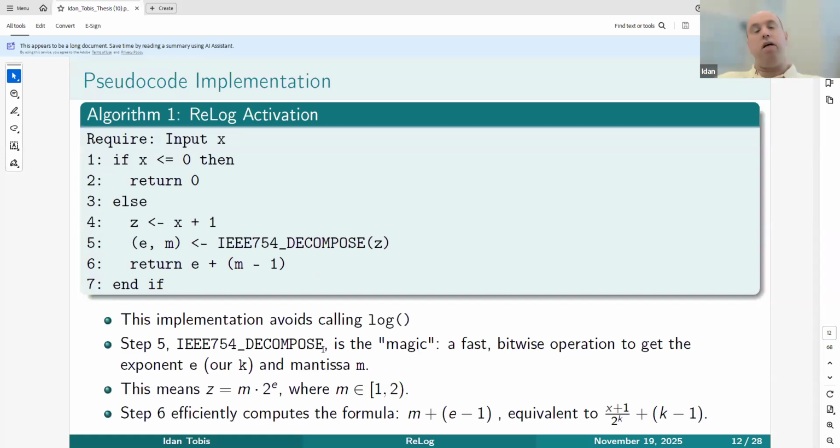If we look at the representation again, z equals mantissa times 2 to the power of the exponent. And again, in IEEE 754, the mantissa is between 1 and 2. So since we have m plus e minus 1, or e plus m minus 1, this is equivalent to (x plus 1) divided by 2 to the power of k, plus k minus 1, which is exactly what we want. Okay?